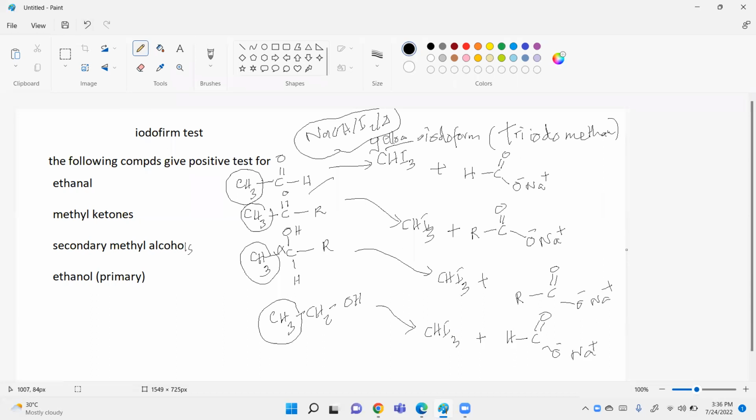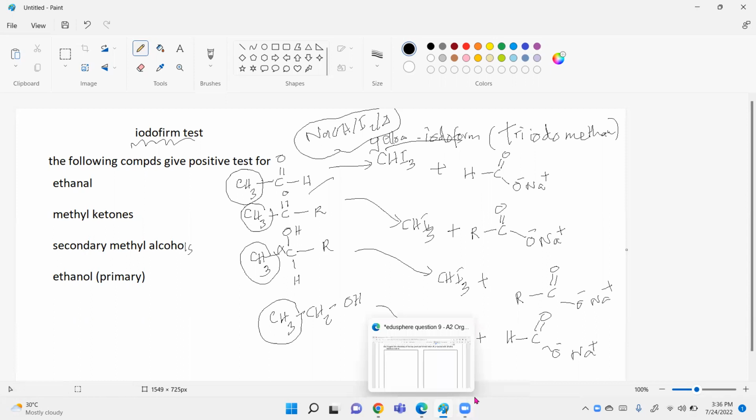Yellow precipitate. So if you heat any of these compounds containing a methyl group attached to the carbon atom in the functional group, we get a yellow precipitate. So we say it has a characteristic precipitation as well. This is very, very important information regarding the iodoform test and the compounds which give the iodoform test positively.